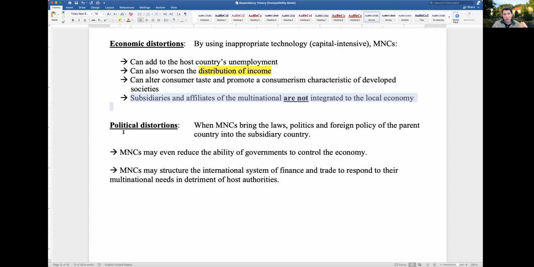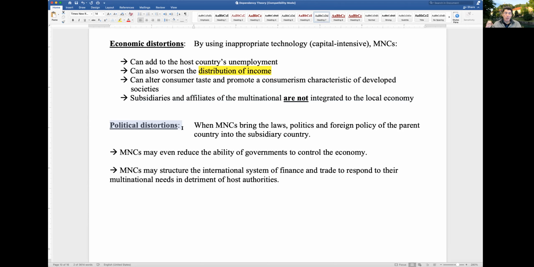And then we talked briefly last time about political distortions: multinational corporations, in some cases, in some countries, are able to attain such economic power that they can transform it into political power. Like in the example of Volkswagen, sometimes in Mexico, for example, they are able to influence electoral processes, who the new mayor is going to be in the city, who the new governor in the state is going to be.